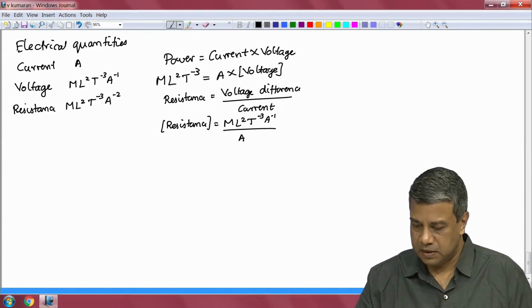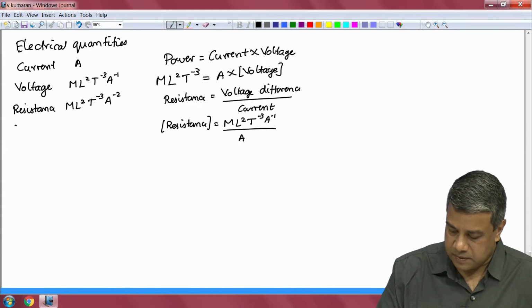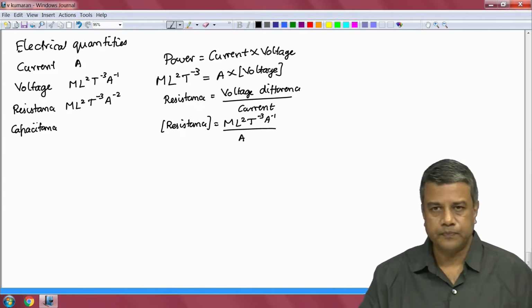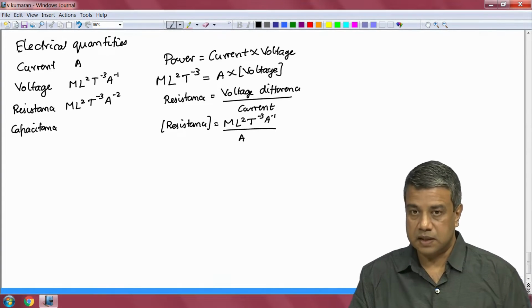Next, let us look at the dimension of capacitance. What is the electrical capacitance?